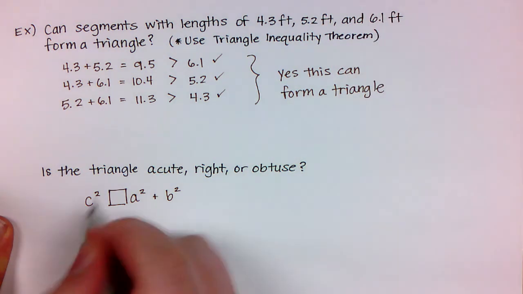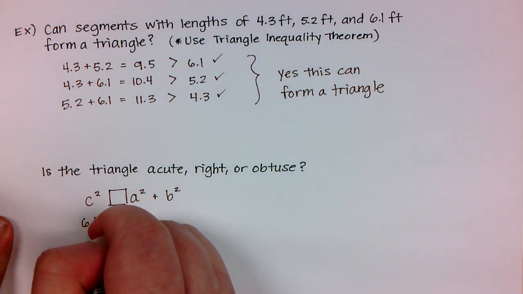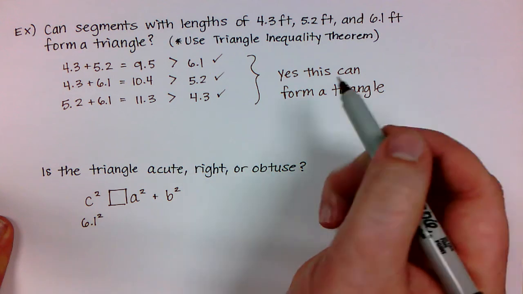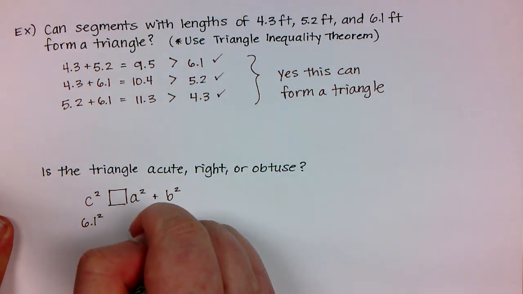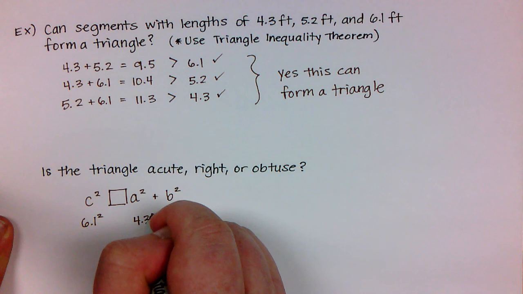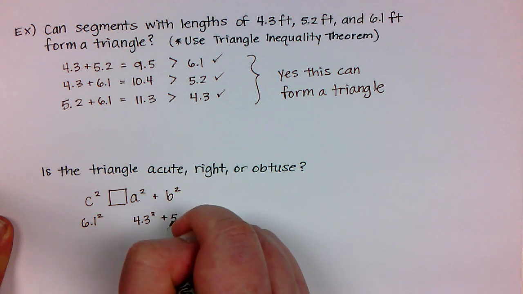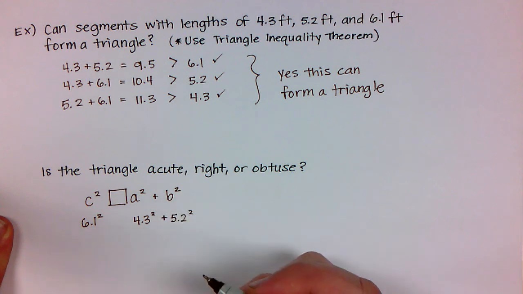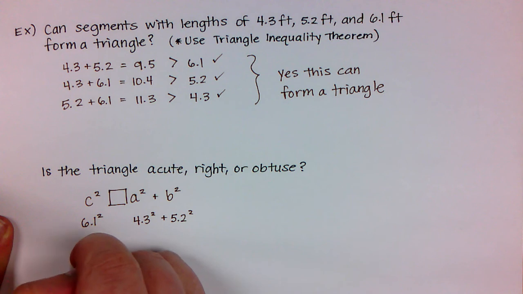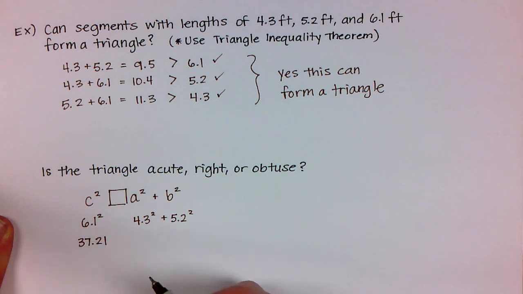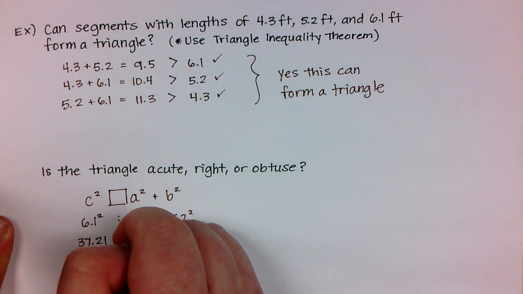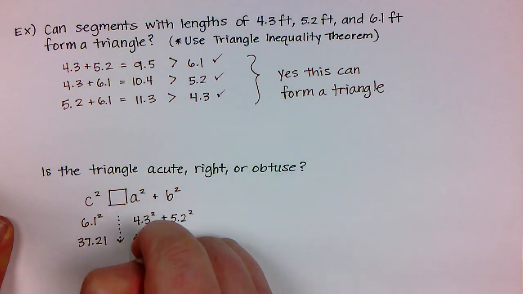So in this case, 6.1 is our longest side. And then the a and the b can be either one. So 4.3 squared plus 5.2 squared. So when I square 6.1, I'm going to get 37.21. And I still don't know what this is, so I'm just going to draw an arrow down.